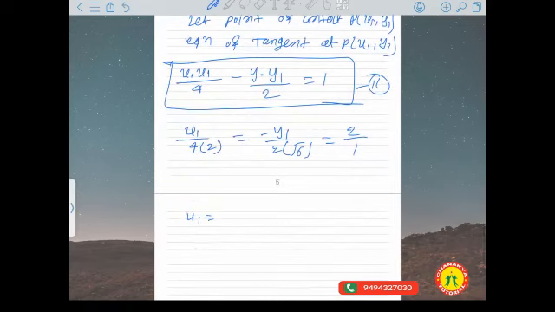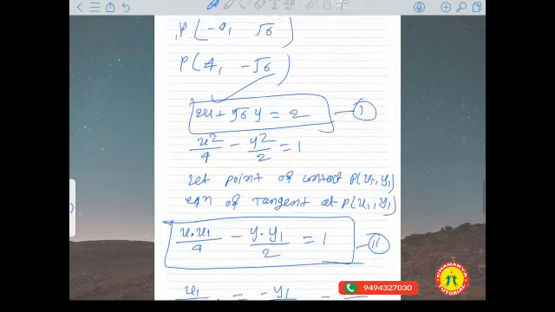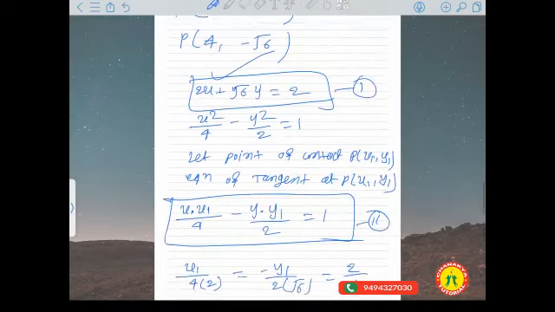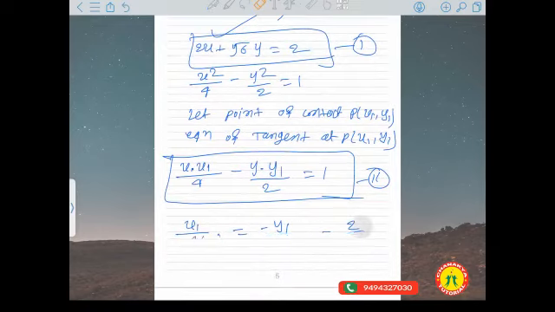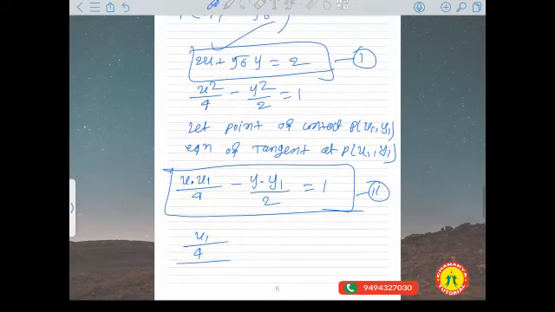Sorry, mistake. Coefficient, x1 by 4 upon 2 equal to minus y1 by 2 upon root 6 equal to 1 by 2.